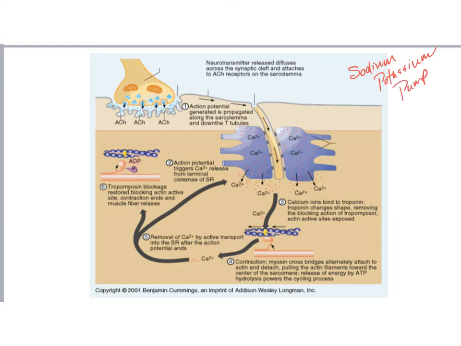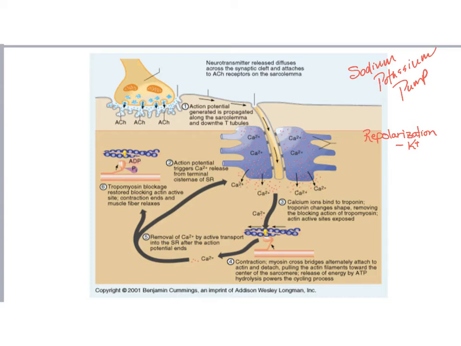Okay, so the polarity, right? The repolarization. That's kind of tricky. So the repolarization occurs with the calcium leaking out, right? So the calcium leaking out restores the polarity, so it repolarizes the sarcolemma.